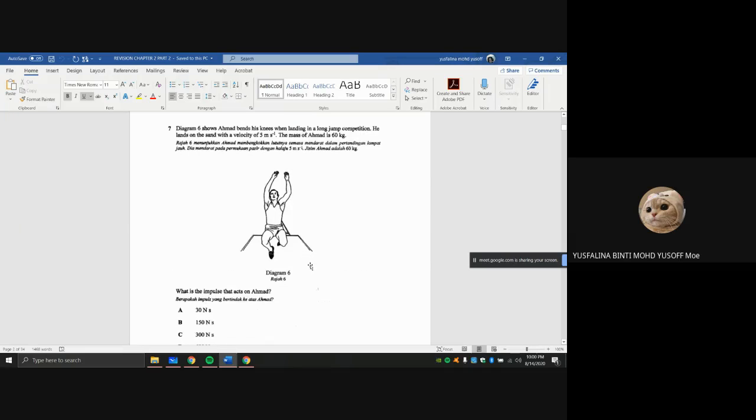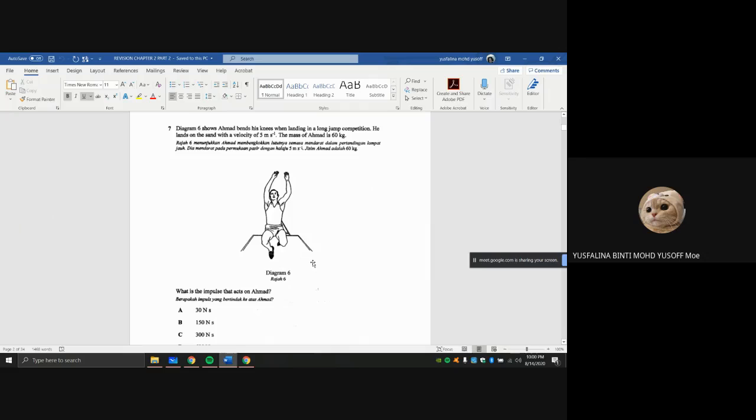Okay, for number 7. So this one is to calculate the impulse. So impulse is Ft equals to mv minus mu. So you have to see what the information gives to you. Diagram C shows Ahmad bends his knee when landing in a long jump competition. He lands on the sand with velocity 5. The mass of Ahmad is 60 kg. So this one you have to use mv minus mu.